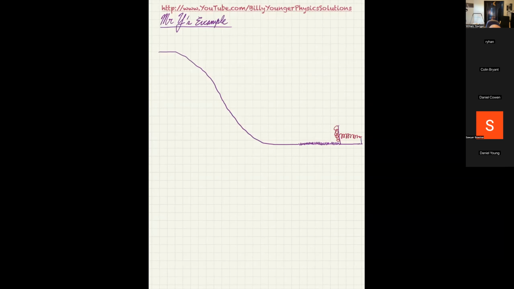Now, the way I make the numbers up, we have no idea whether the sled is going to be fast enough to make it all the way across the frictionful area that I drew with the scribbles. And if it does, then we also don't know exactly how far the spring is going to be compressed.